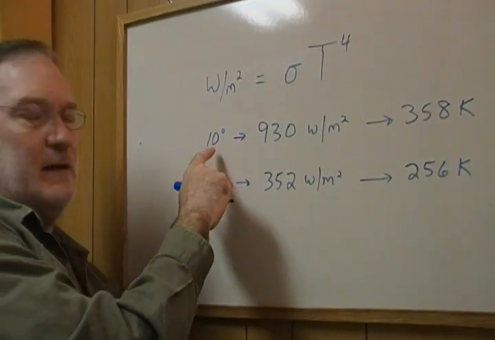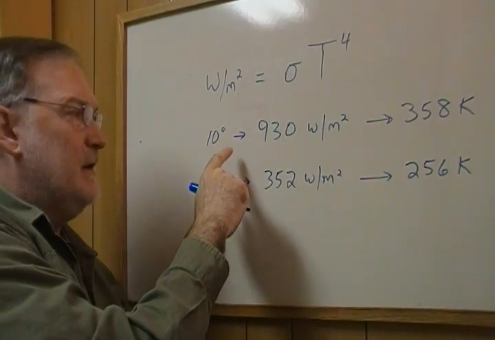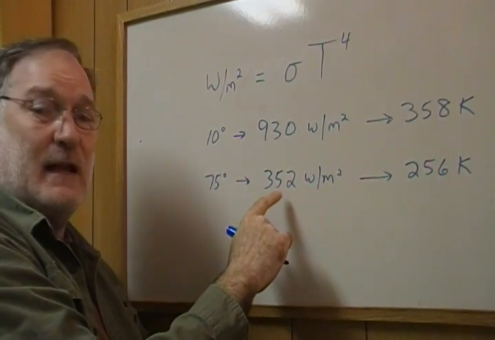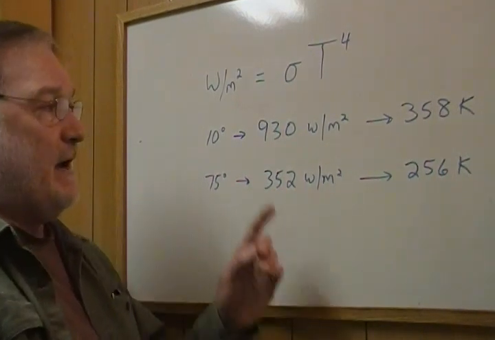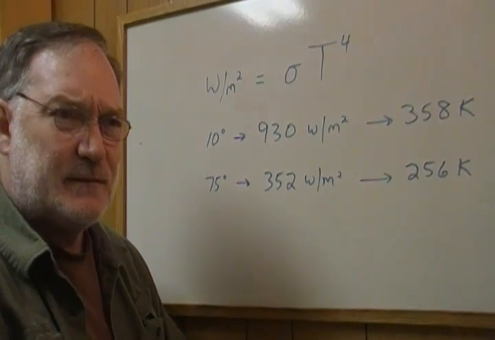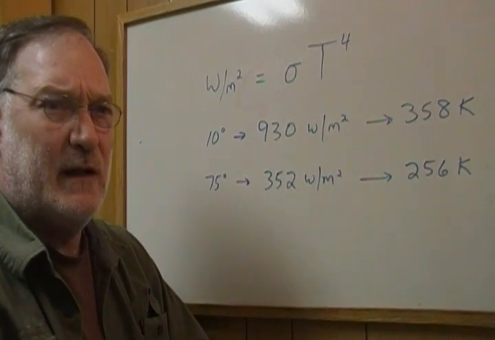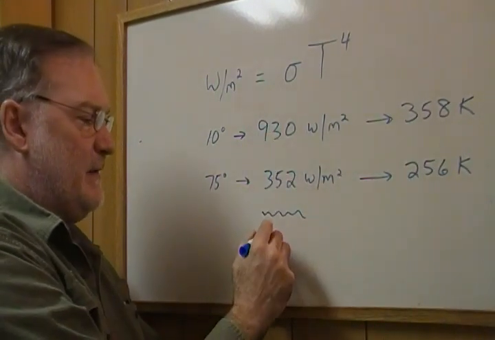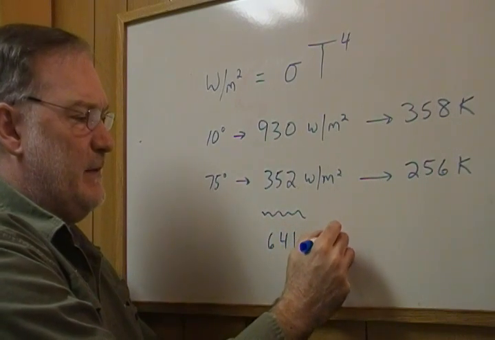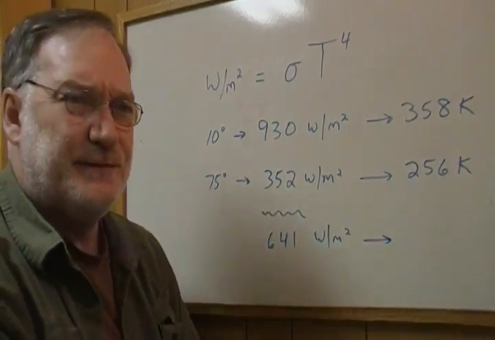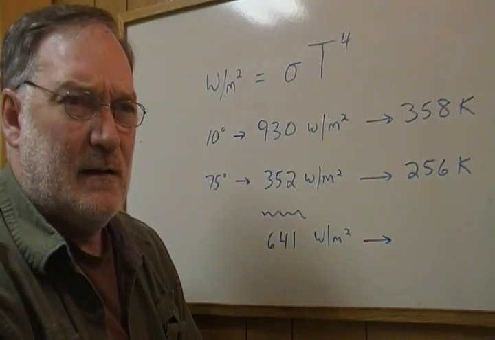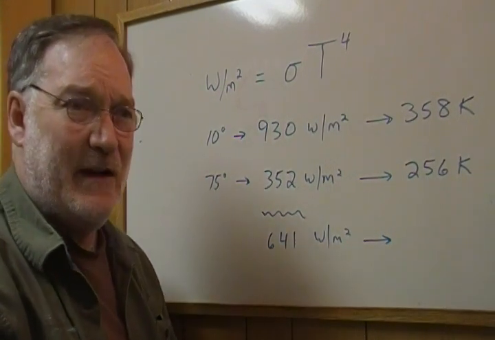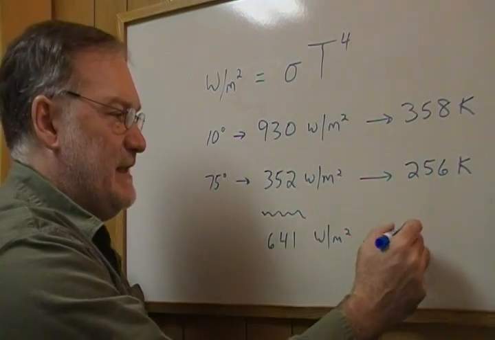So here we have one point on the Earth's surface at 10 degrees latitude, 930 watts per square meter at noon, and then 75 degrees latitude at noon, 352. If you take the average radiation between those two points, add those up and divide by 2, you get about 641 watts per square meter. And that would result in an average temperature of 326 Kelvin.